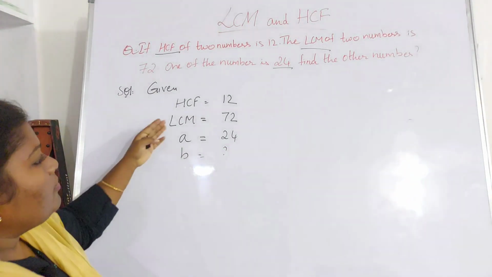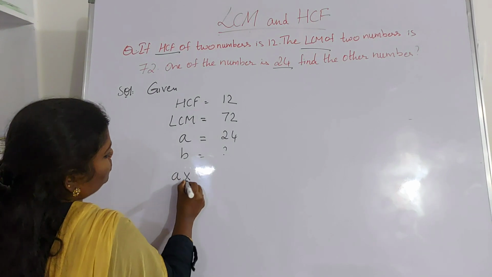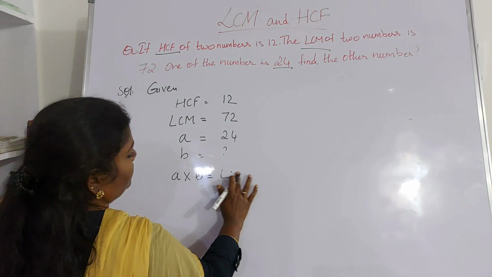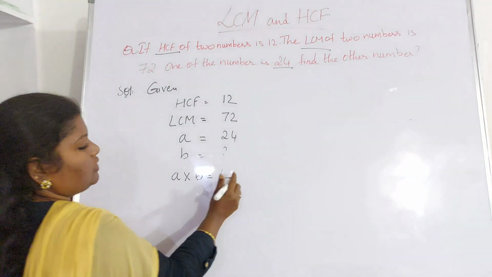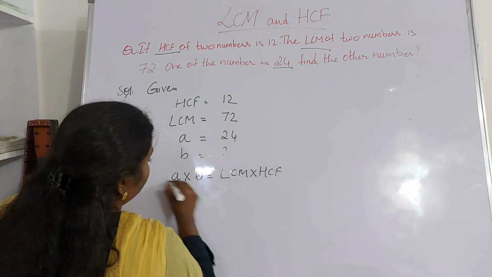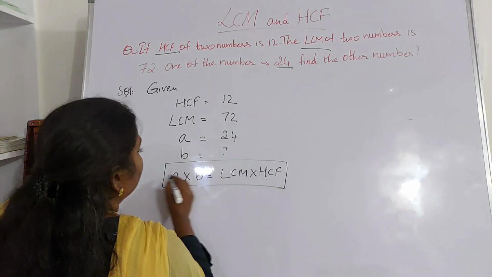Now what is the formula you have with this? A into B is equal to LCM into HCF. This is the formula we are going to use here, and now substitute the values.